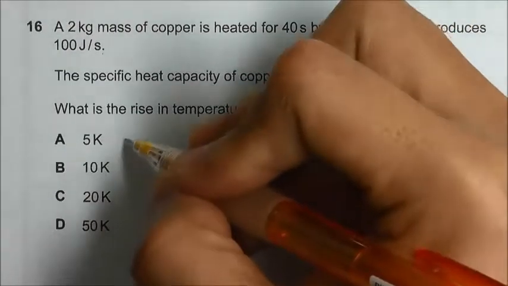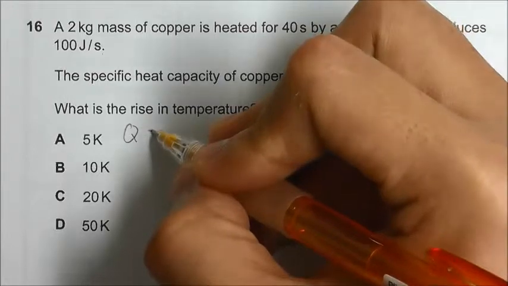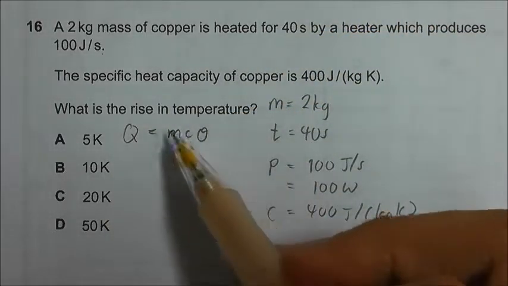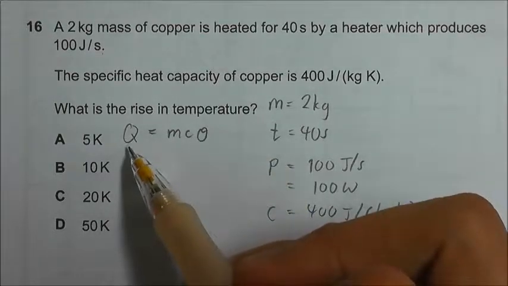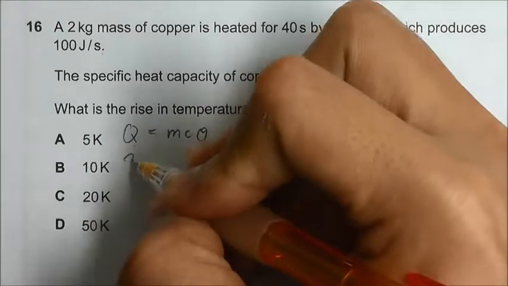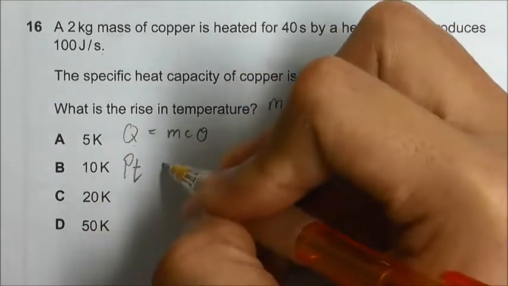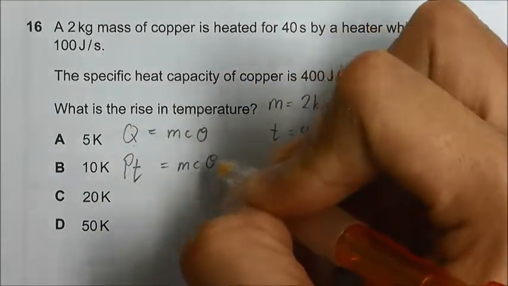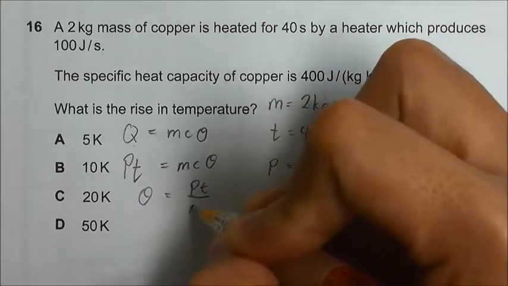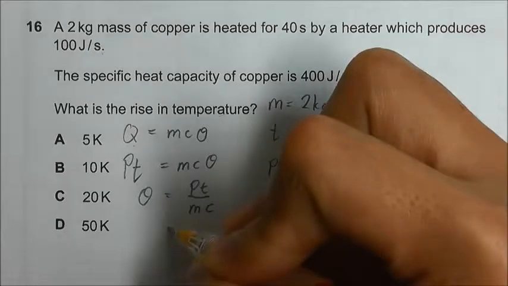Okay, we can use the formula. Heat energy is equal to mc theta, and theta is the rise in temperature. And to find the heat energy, we can use the formula power times time. So power times time is equal to mc theta, and theta is equal to power times time divided by the mass and the specific heat capacity.